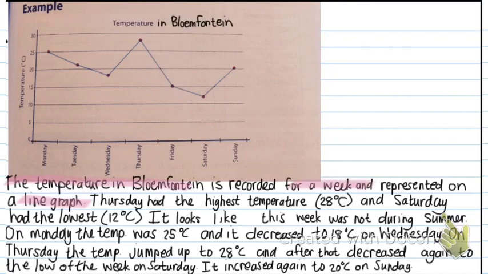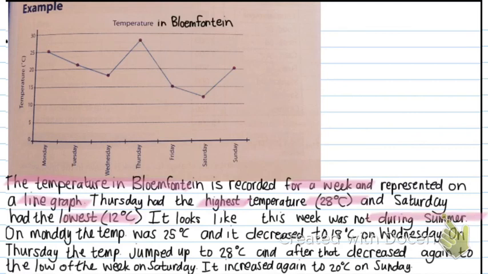On the one axis I have days of the week, so I can see that it's a week. Then I start describing the highest and the lowest point on my graph. I say Thursday had the highest temperature, 28 degrees, and Saturday had the lowest, 12 degrees Celsius. It looks like this week was not during summer.